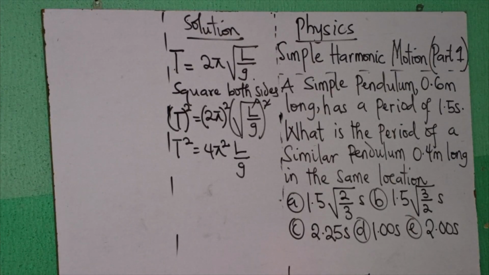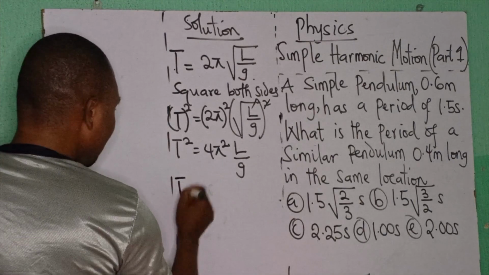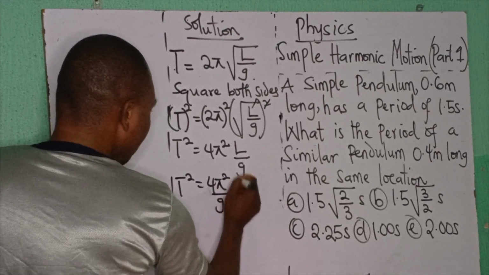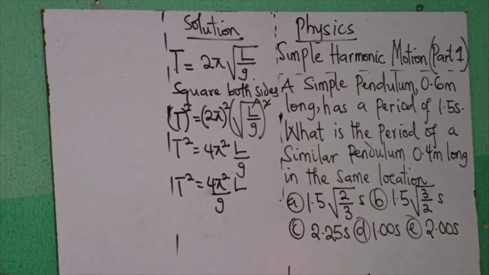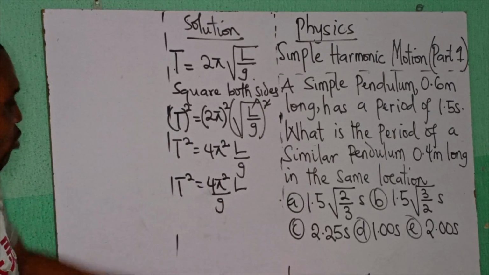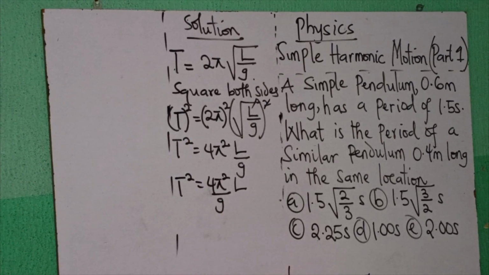Now what do I do next? This becomes T squared equals 4 pi squared over G times L. From here, it shows that this 4 pi squared over G can serve as my constant.